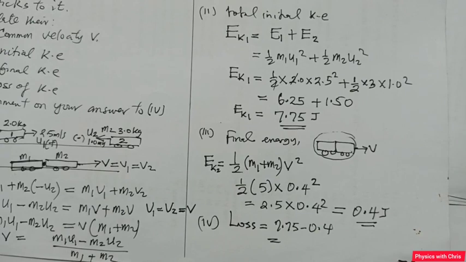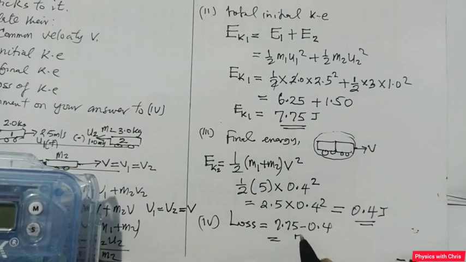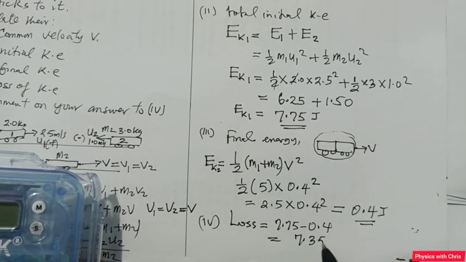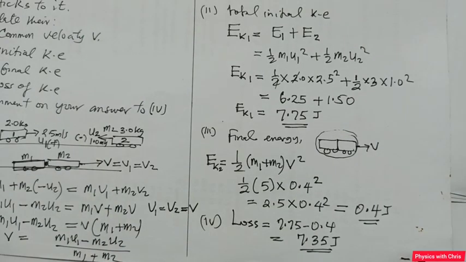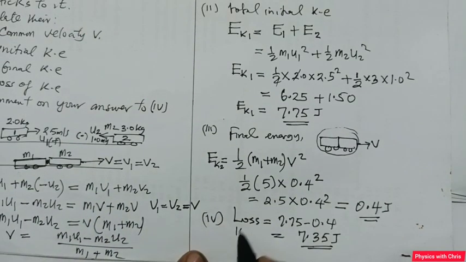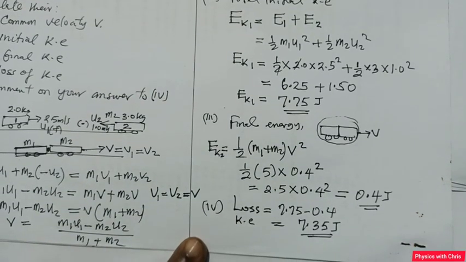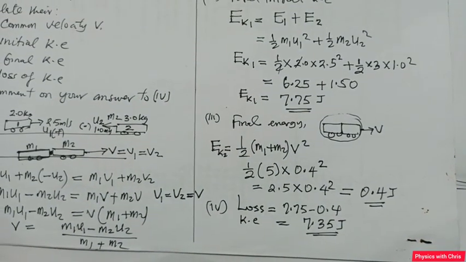Now recall that from the principle of energy conservation, energy can neither be created nor destroyed. It's only converted from one form to another, meaning that the loss of KE must appear in another form of energy. I'm sure you have seen two vehicles making a head-on collision. You usually hear a loud bang sound.